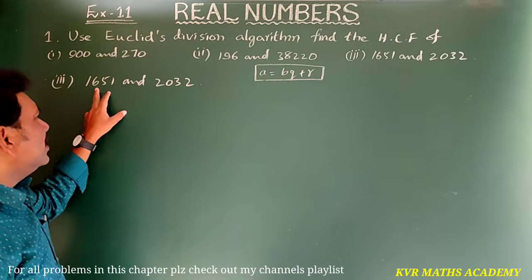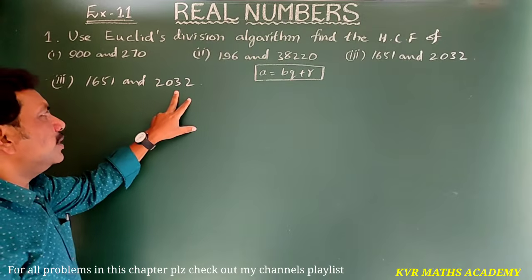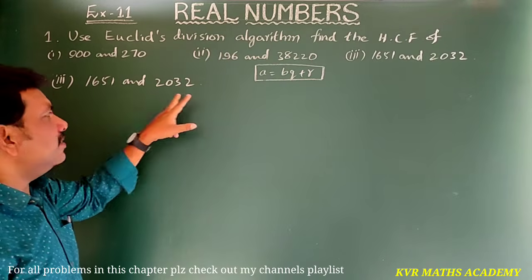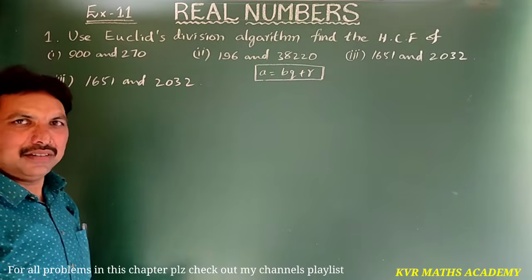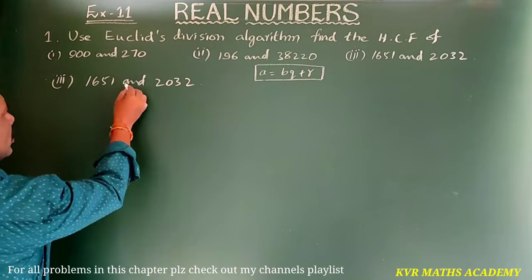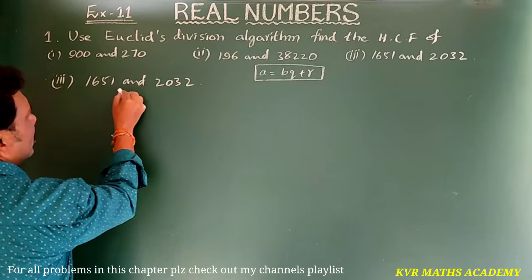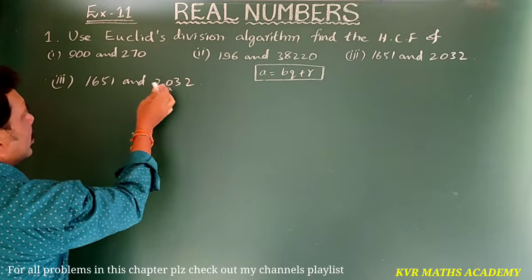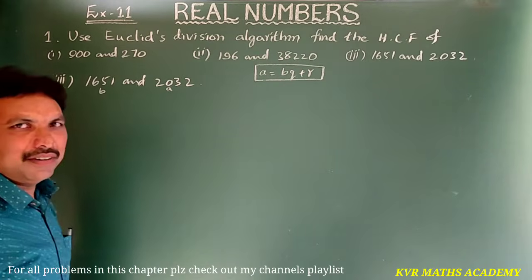Okay, third question: 1651 and 2032. Let us find the HCF of these two numbers. This is the smaller one and this is the bigger one, no? So a is 2032 and b is 1651.